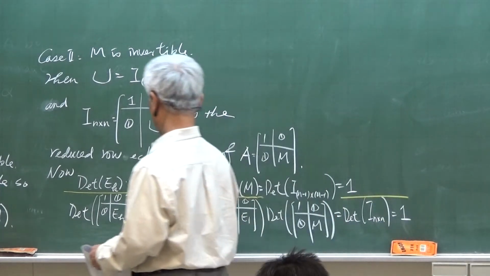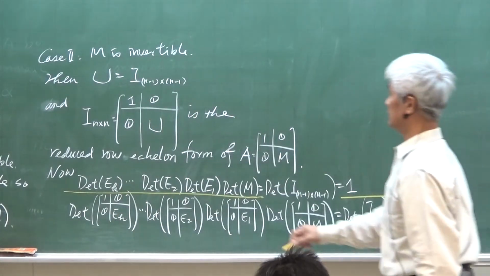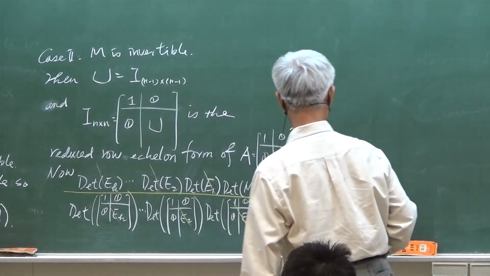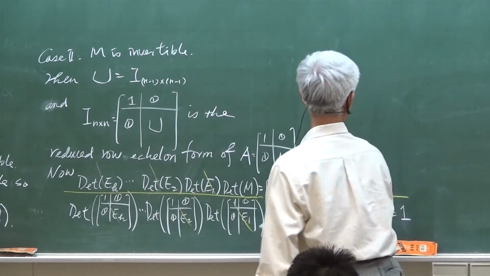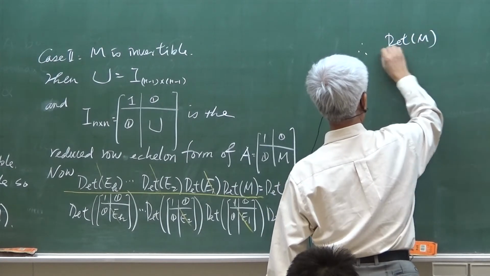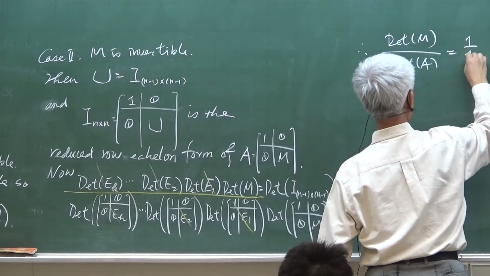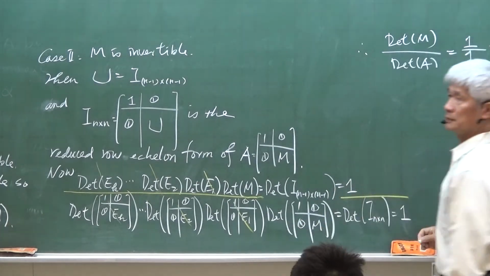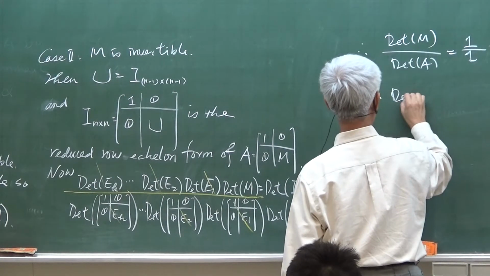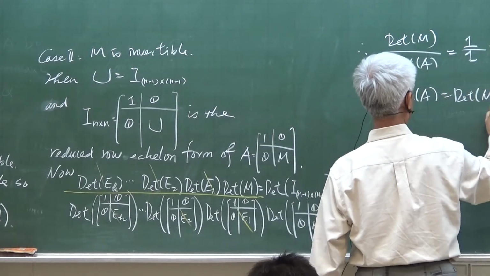Remember, they are the same, so they can cancel. So the determinant of A over the determinant of M is equal to 1 divided by 1, which is 1. And so the determinant of A will be the determinant of M.